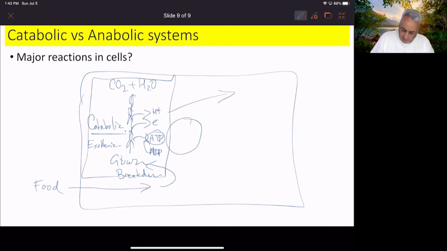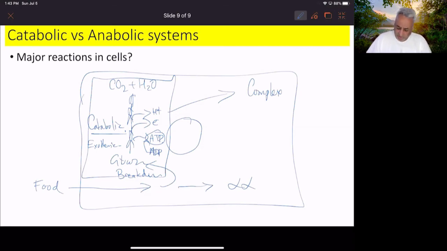And then the food molecules, some of them, can be taken under certain conditions and used to build up more complex chemistry. Even more complex than the amino acids, say, that are coming in with the food, right? So cells receive in your body amino acids in the blood that are then delivered to the cytosol.